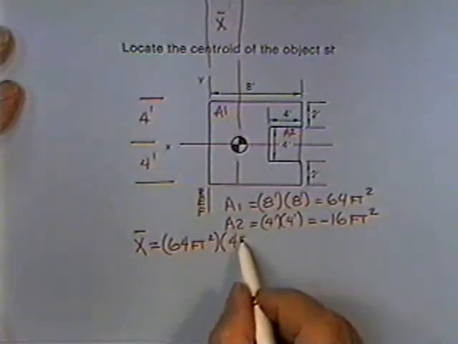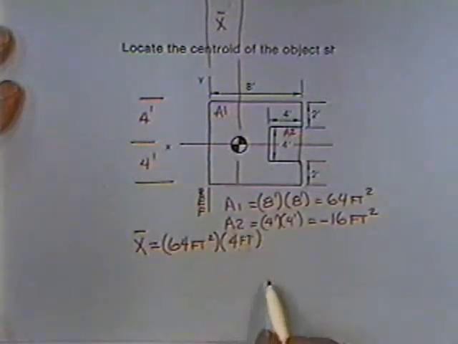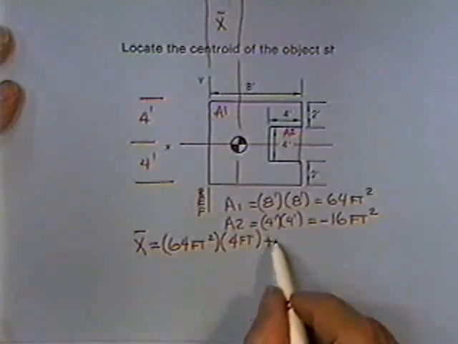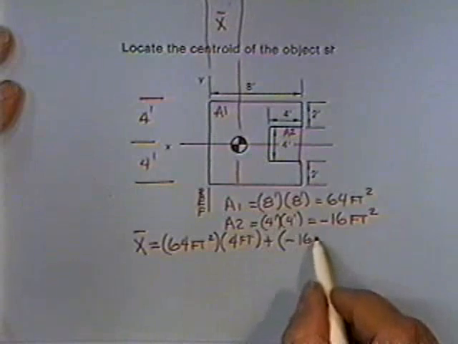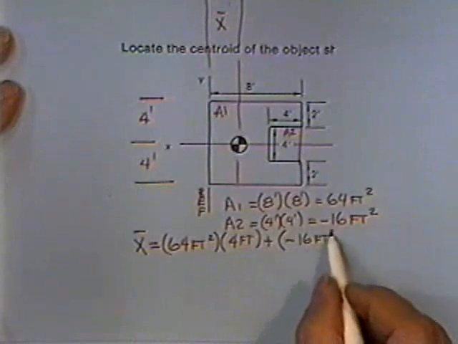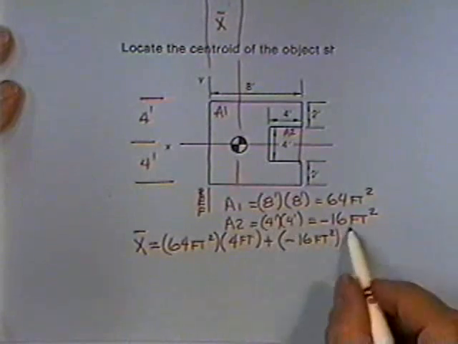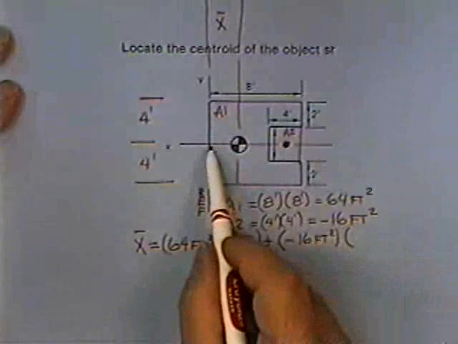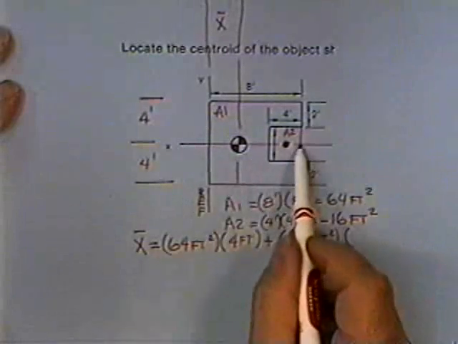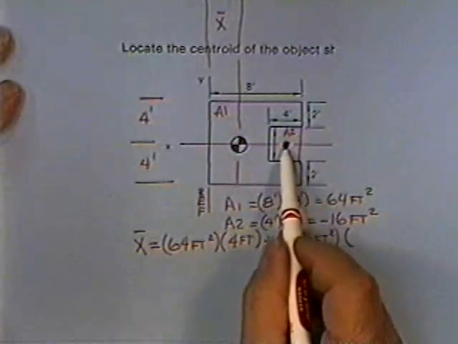That's 4 feet out to the centroid of a rectangle. Plus area 2. Well, that's a minus 16 square feet. His centroid is right here, and that is 8 feet out and 2 feet back.